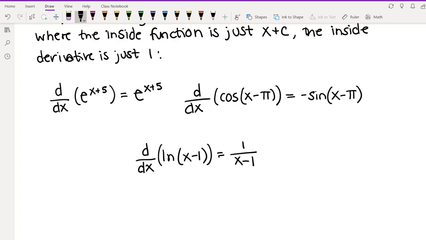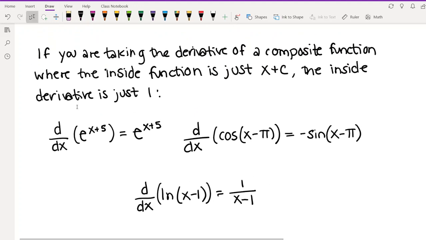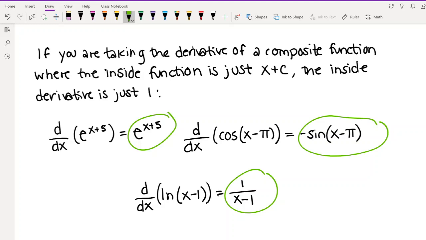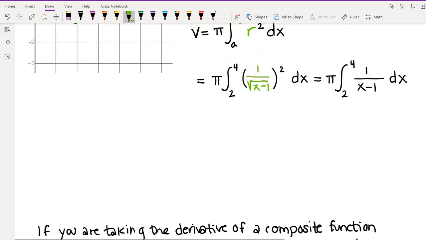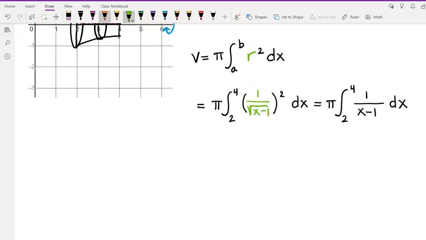So my point is that when you're taking the antiderivative of something that looks like this, or like this, or like this, you don't really need to use u substitution, because you can just take the antiderivative normally and leave your input the same as the input in the function you're taking the antiderivative of. The example we're integrating here is 1 over x minus 1.